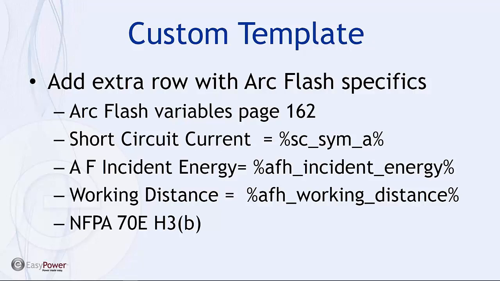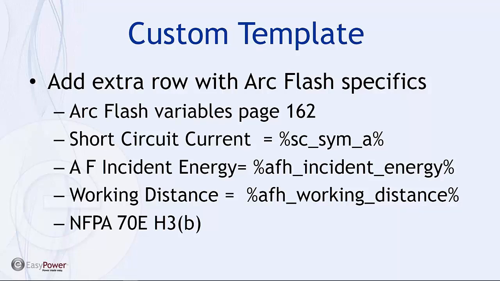It turns out all of the variables in the EasyPower database have a specific nomenclature, and they're accessible for use, in this case for insertion into an XML template, as long as we use the correct nomenclature. On page 162 of the manual, there is a list of what these variables are.